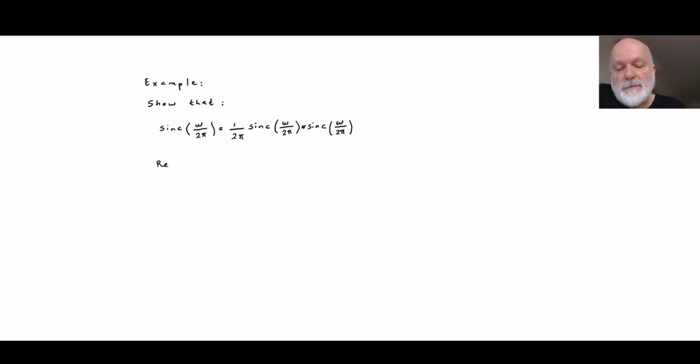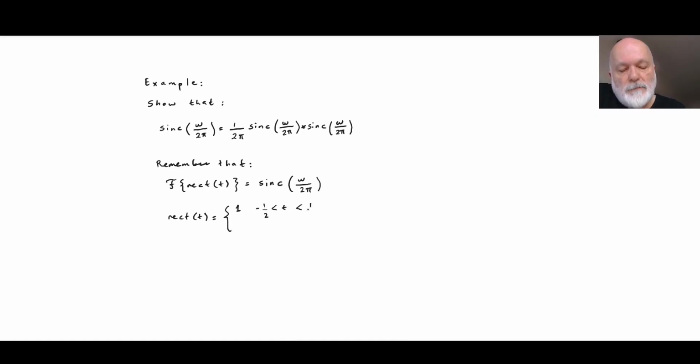Now remember that the Fourier transform of the rectangular pulse rect t is equal to sinc omega over 2 pi. But we know that rect signal is just equal to 1 for t between minus 1/2 and 1/2.